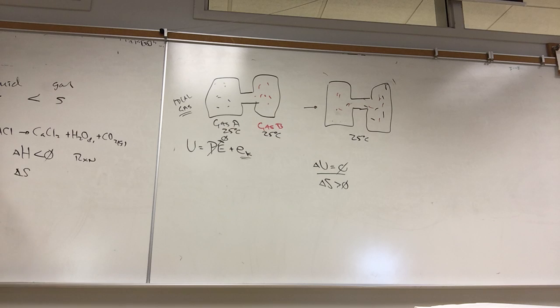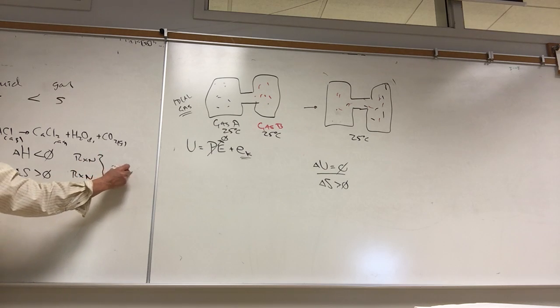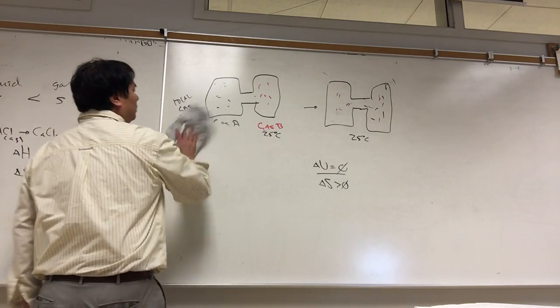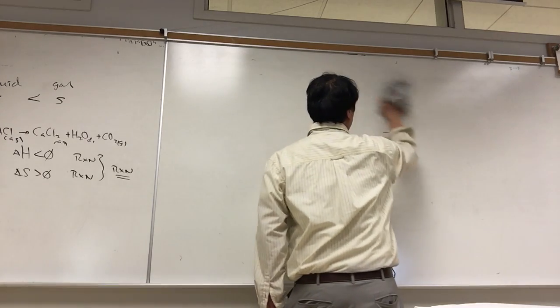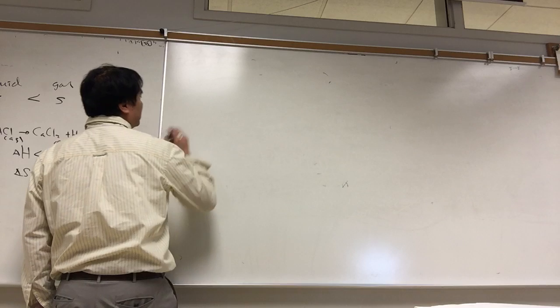It's going to become less ordered, because here, this is aqueous, this is aqueous, this is a solid crystalline. And we got that gas, so this says reaction. And so both of these say reaction, and so we expect reaction. There should be good driving force for this. And so both agree here. We should get a reaction.